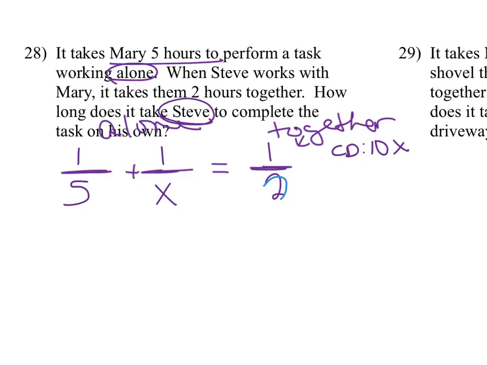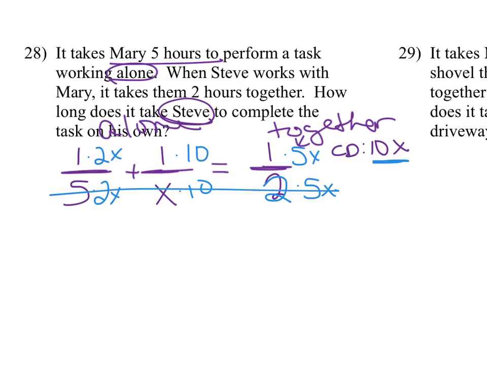So this one has only a 2, so it needs to multiply by 5x to get to 10x. This one just needs a 10. This one needs a 2x. So now these are all 10x, so they're gone. So I'm left with 2x plus 10 equals 5x, and we solve.